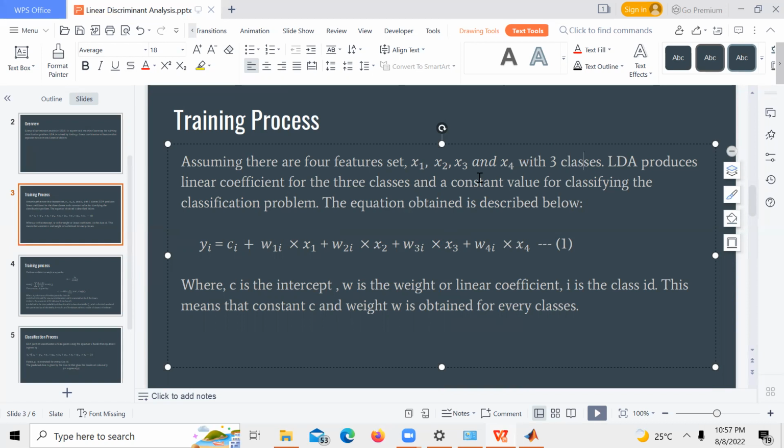For this tutorial, we'll be using the iris data set. In the iris data set, we have 3 classes of flowers and 4 features. The training records in the iris data set are 150, which means that we have 50 records for each class.